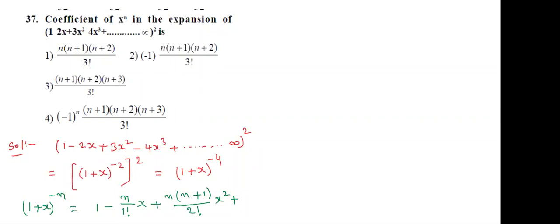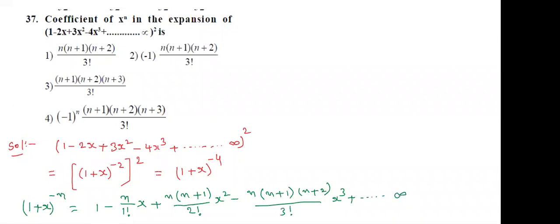This is minus. So the third term, what we get? n into n plus 1 into n plus 2 divided by 3 factorial into x cube, plus and so on to infinity.